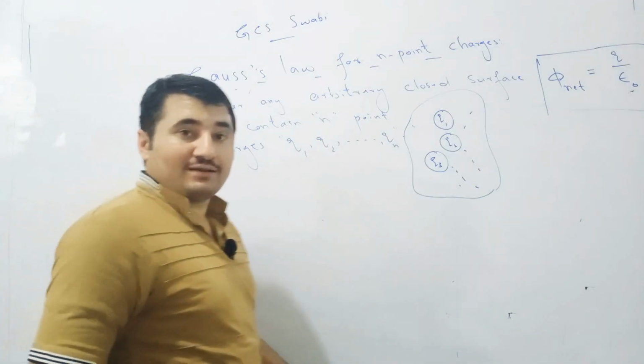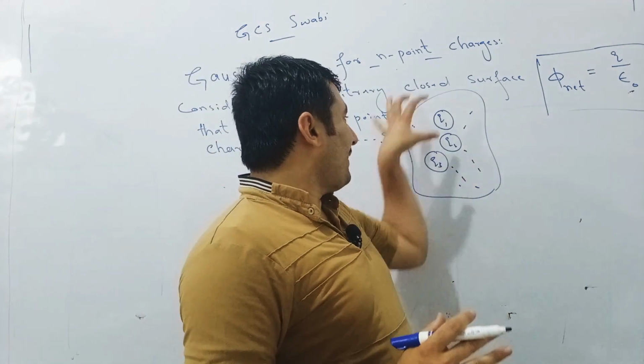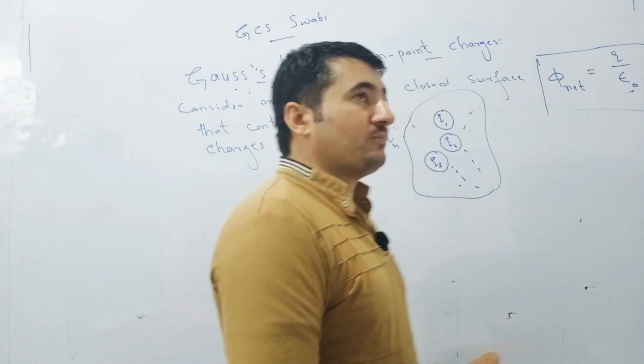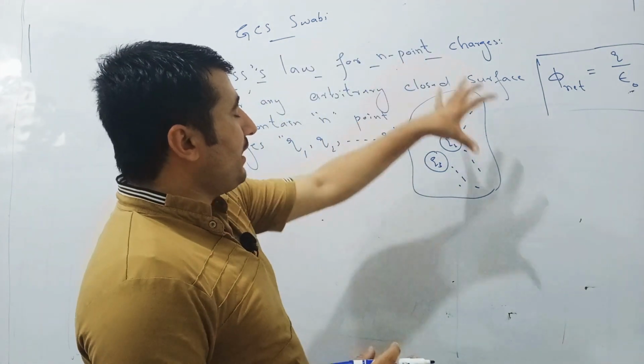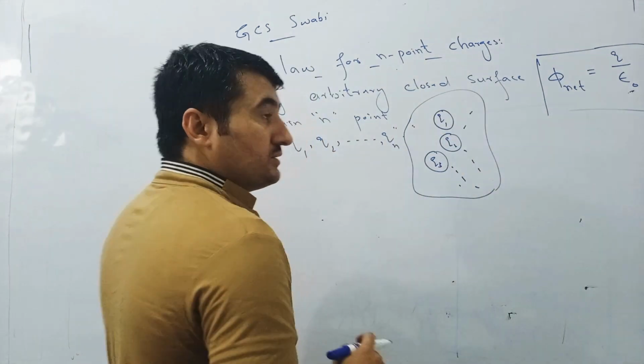You have any closed surface, and this surface is enclosed by the n-point charges Q1 up to Qn. So how will we find out the total electric flux through all these point charges?